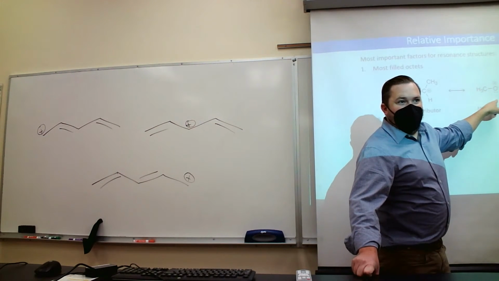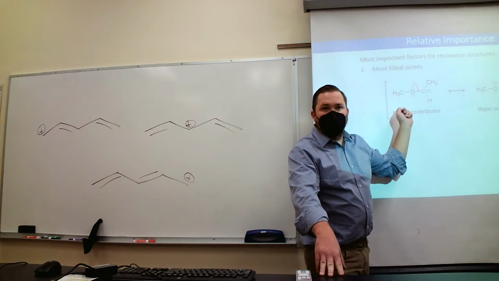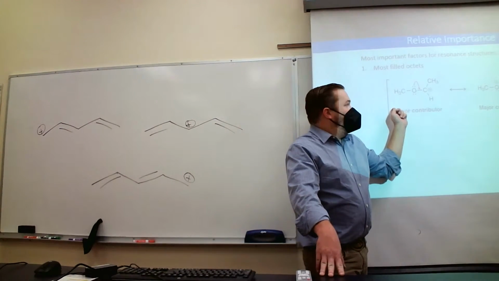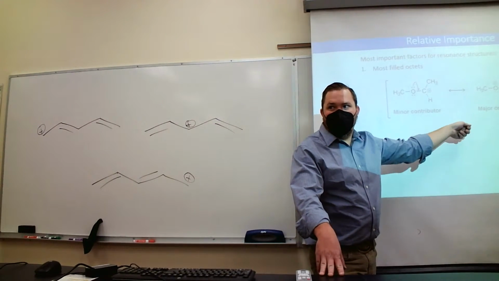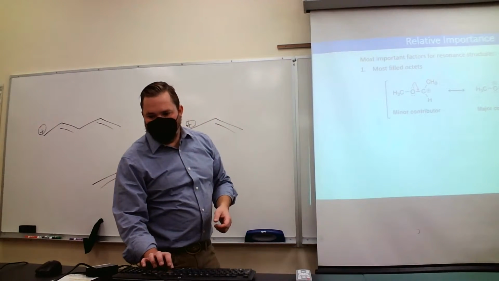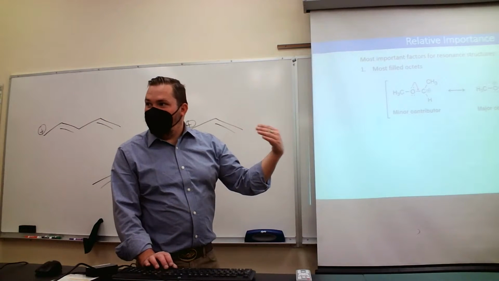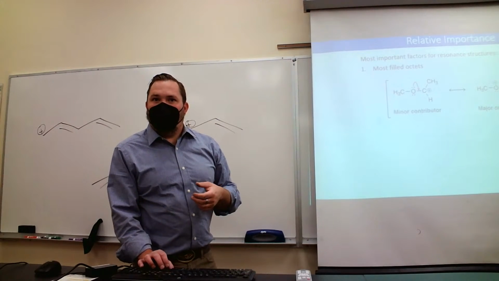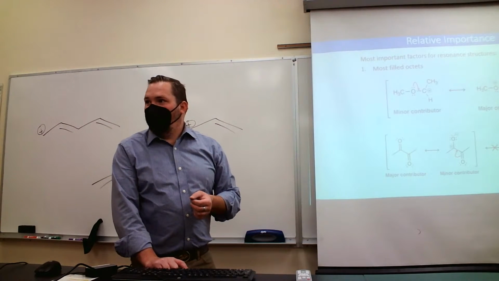The fact that everything has a complete octet means this is more stable than this one. More complete octets means more stability, which means bigger contributor. And I've been prepping you for this. We've been working this into the way we're talking about these this whole lecture, so this should seem very similar to what we were talking about earlier, because it is.